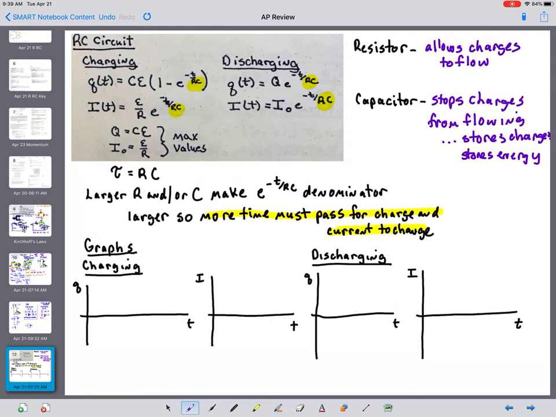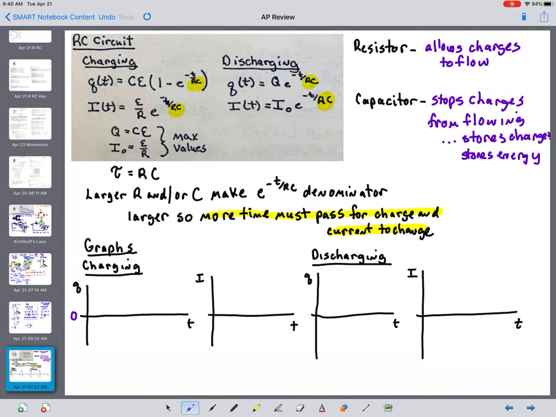charging on the previous diagram when we had the switch closed to A, when you're charging, if you apply the logic of the equation, C E times 1 minus e to the negative t over RC, or you think about it conceptually, when you first close the switch to A, you don't have the capacitor hooked up yet or previously, so it's going to start off with 0 charge.